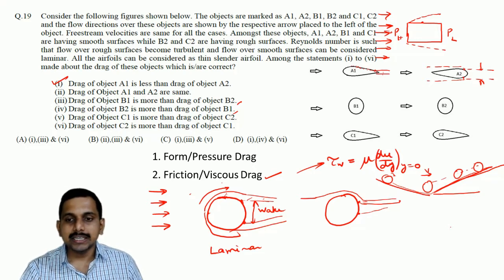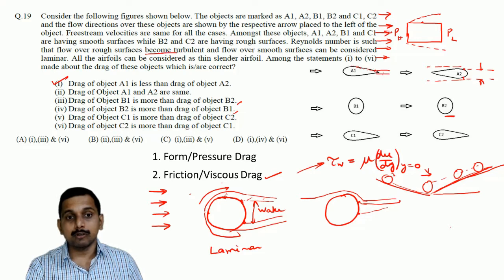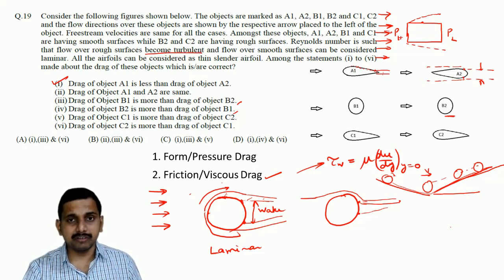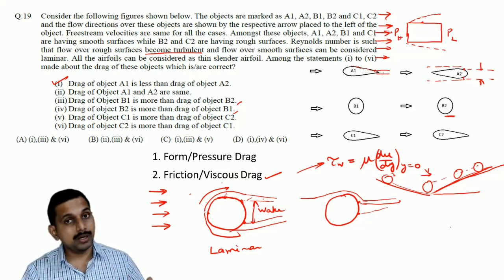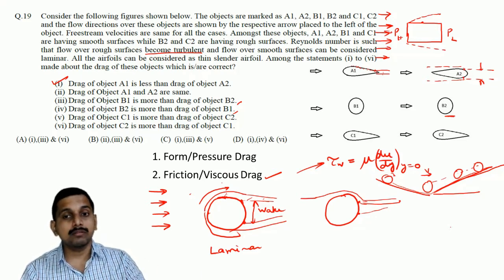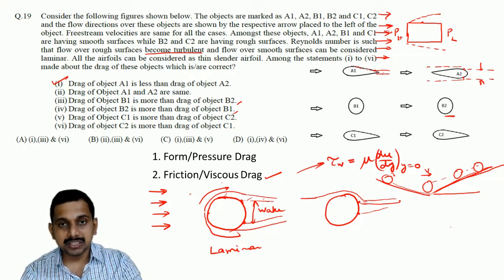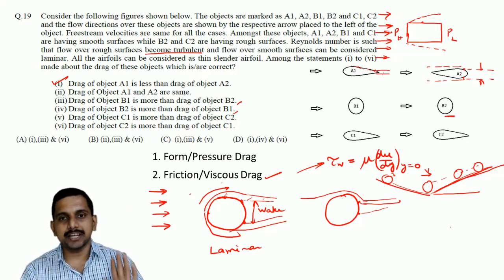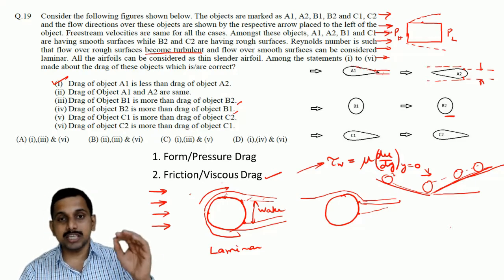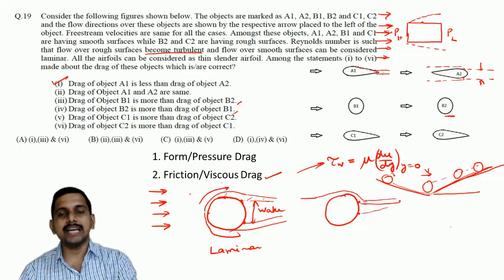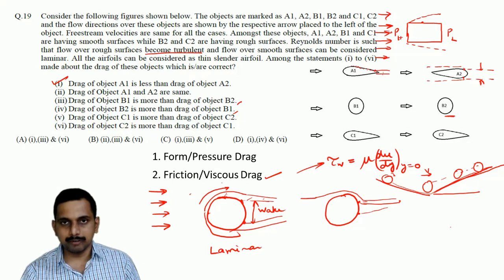Now it is said that B2 is a rough surface and the flow becomes turbulent. So because it is a rough surface, and it becomes turbulent, the separation is delayed. Because the separation is delayed, the form drag reduces. Now what is the problem with the friction drag? The skin friction drag is lesser in case of laminar flow, and higher in the case of turbulent flow.